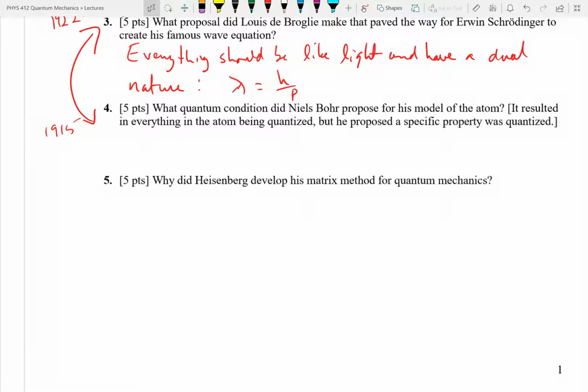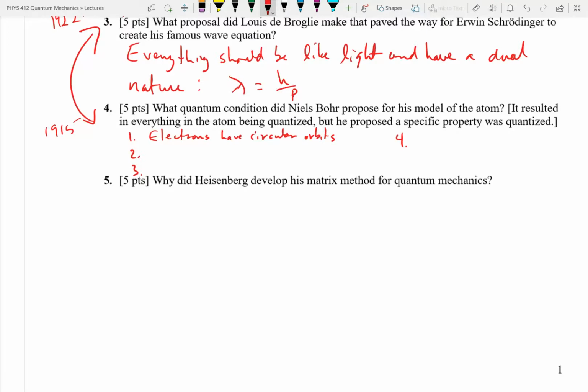Okay, so what quantum condition did Niels Bohr propose? That is a correct statement. This one here, I tried to make sure that we would choose a specific one. He had 4 things, right? So number 1 was, is he correct?